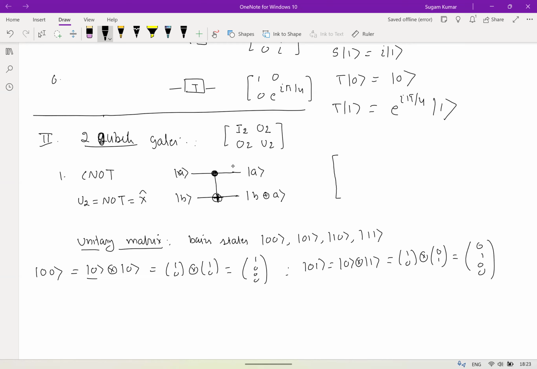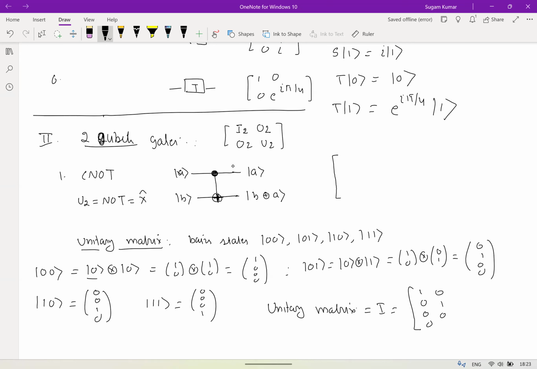The same way, for 10 it is going to be 0, 0, 1, 0, and for 11 it is going to be 0, 0, 0, 1. These are the basis vectors. So when you talk about a unitary matrix, called I here, it is going to be 1, 0, 0, 0, and so on.